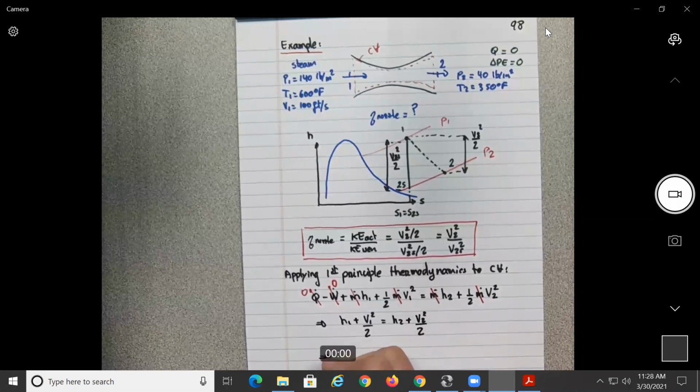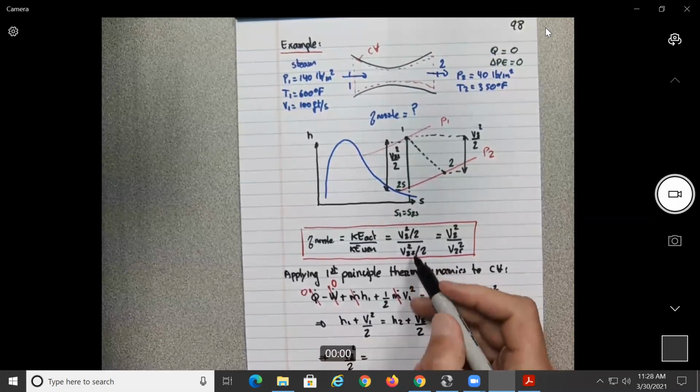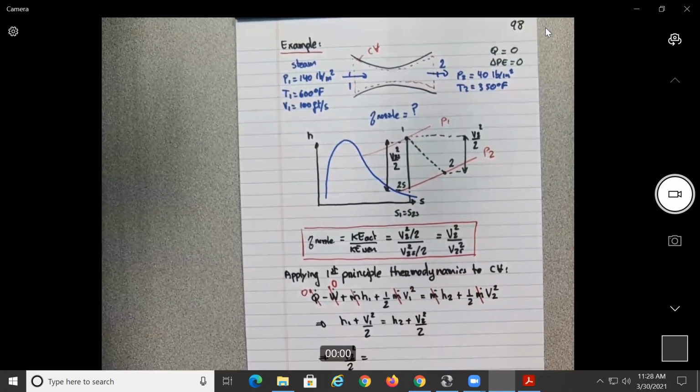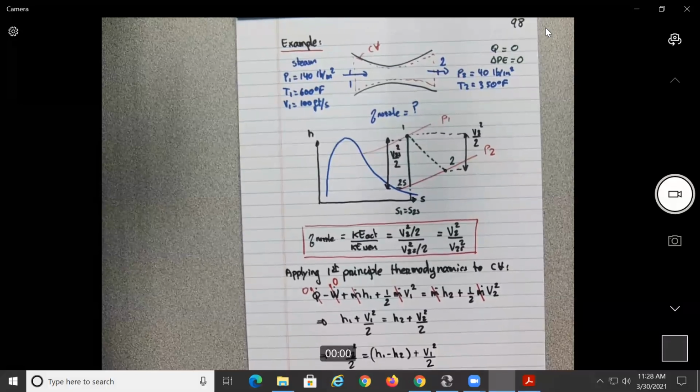So from here, we can solve for V2 squared over 2, which will be equal to H1 minus H2 plus V1 squared over 2.